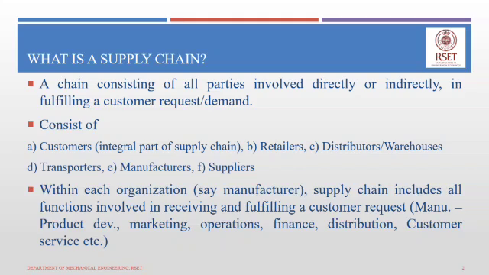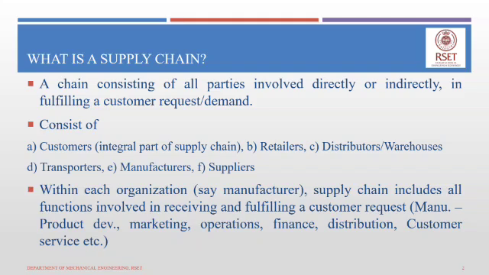So a chain of all these entities or parties which are involved in fulfilling a particular consumer's request or demand is what we refer to as a supply chain. And a supply chain essentially consists of the customers, retailers, distributors, wholesalers or warehouses, transporters, manufacturers and suppliers.